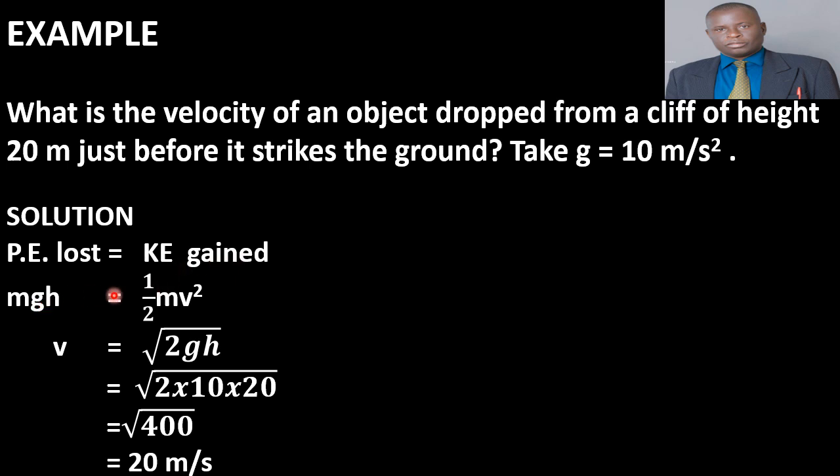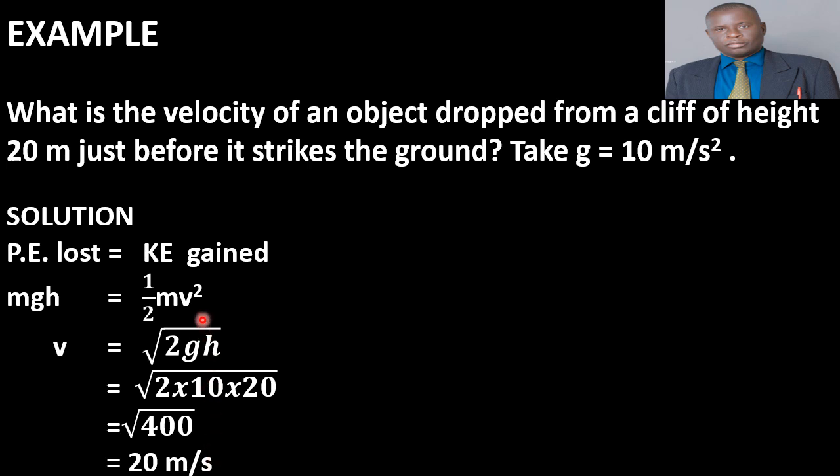Then you make v the subject. From here it will give you v equals root of 2gh. So upon substitution, you find that v is equal to 20 meters per second. Also, don't forget the unit of velocity is meter per second.